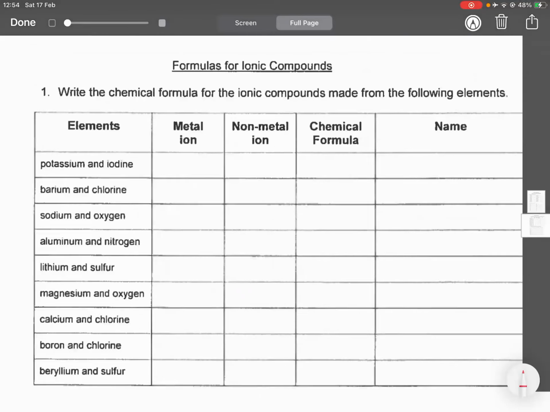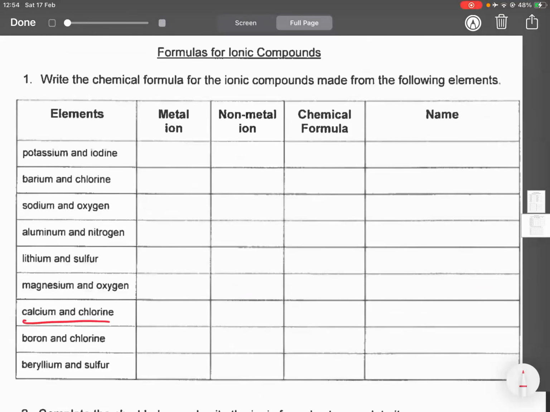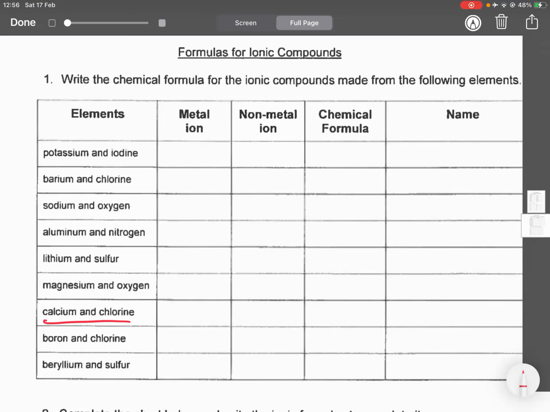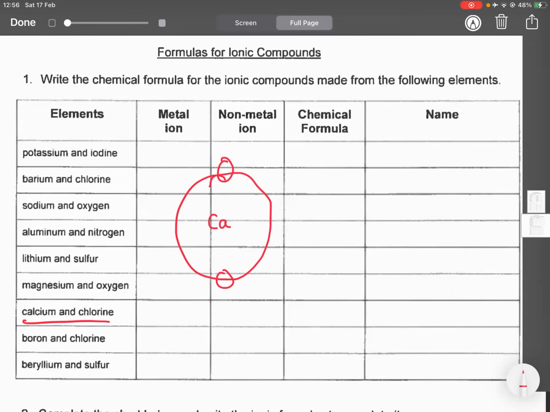Can you do calcium chloride? So they can either ask you to do the diagram or they can ask you to describe it. So for the diagram, I would start with calcium, which is in group 2. And I'll do chlorine, which is in group 7.